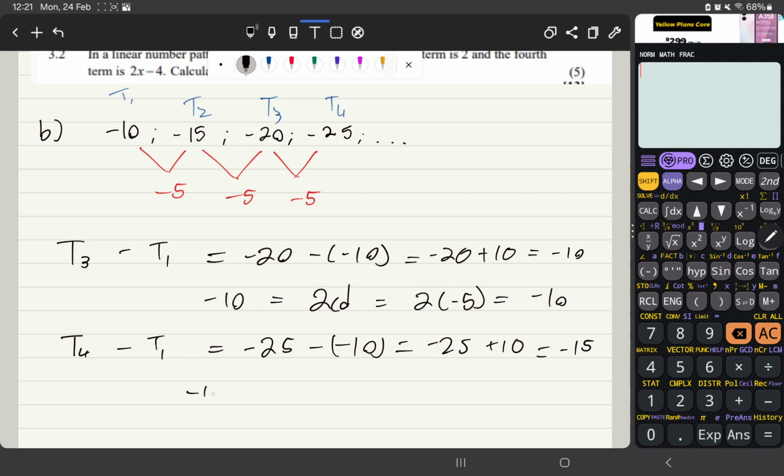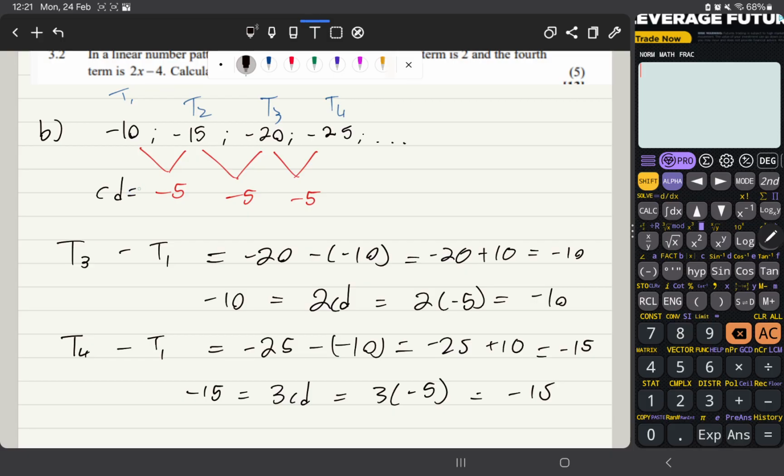Also, do realize that minus 15 is the same as 3CD, which is 3 into minus 5, minus 15. Guys, realize our common difference, let me just say CD, here is minus 5.